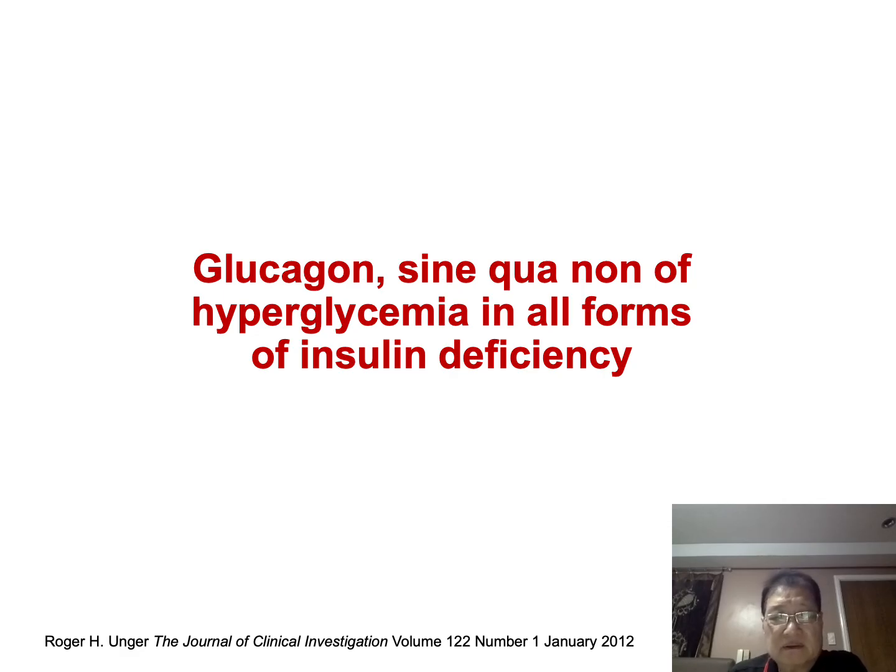Even today, few scientists or clinicians accept the glucagonocentric premise that alpha cell dysfunction is the sine qua non of the diabetic phenotype and that its correction, independent of insulin treatment, would provide important therapeutic benefit, as suggested by Unger et al. in 2012. The sine qua non means without it, it isn't. Without glucagon, no hyperglycemia, even in the absolute lack of insulin.